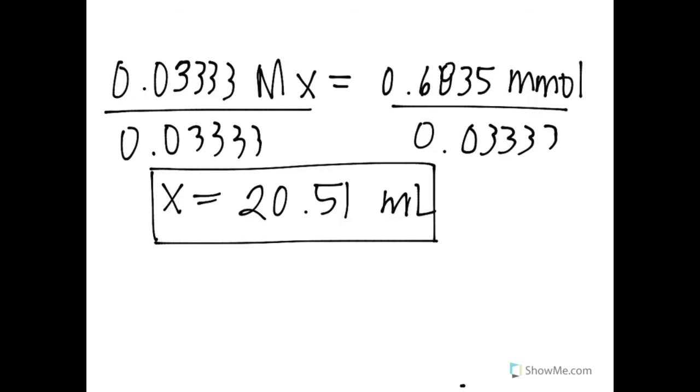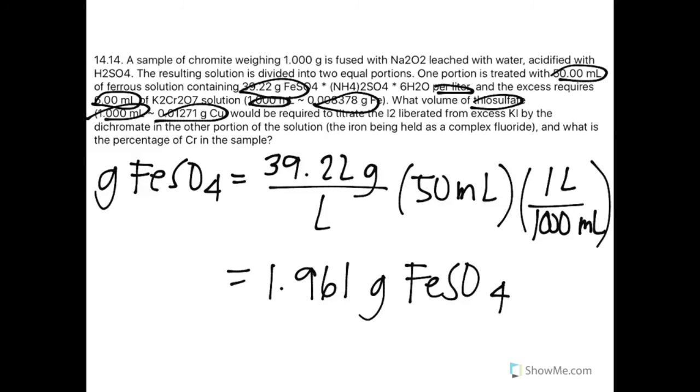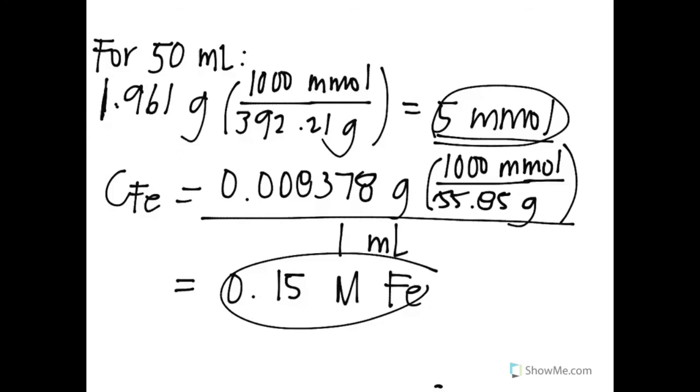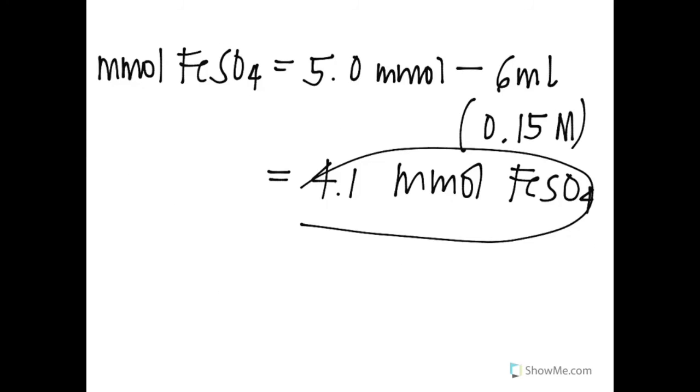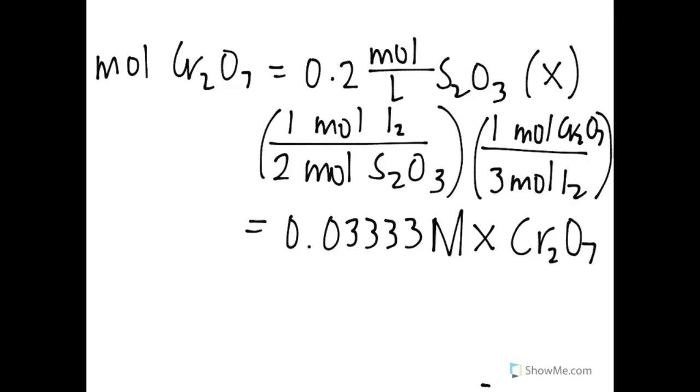So the second question is, what is the percentage of Cr in the sample? What we need to do is to convert the number of moles of the thiosulfate to the moles of chromium, and we will divide it by the given weight of the sample times 100.